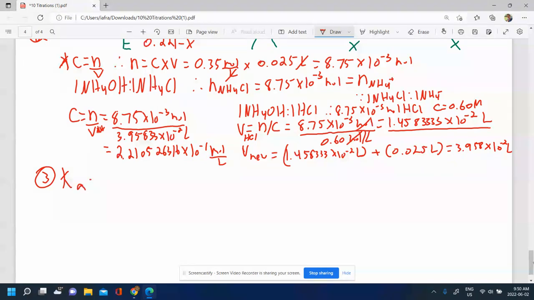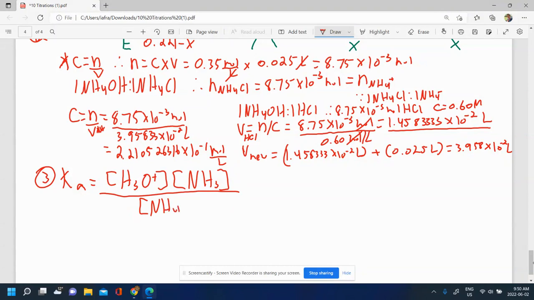So Ka is equal to the concentration of H3O plus times the concentration of NH3, because those are our products, over the concentration of NH4 plus, which is x times x over 0.221 minus x. So Ka is equal to x squared over 0.221 minus x.